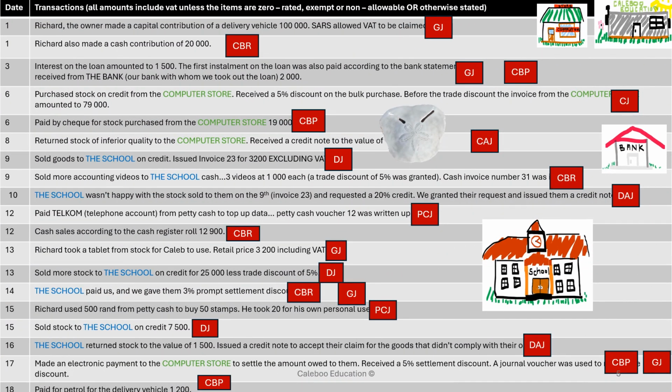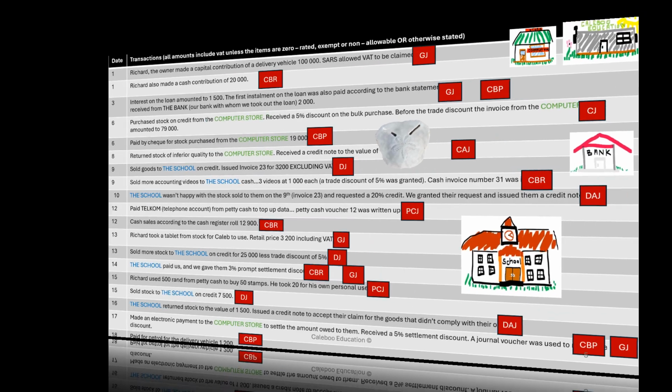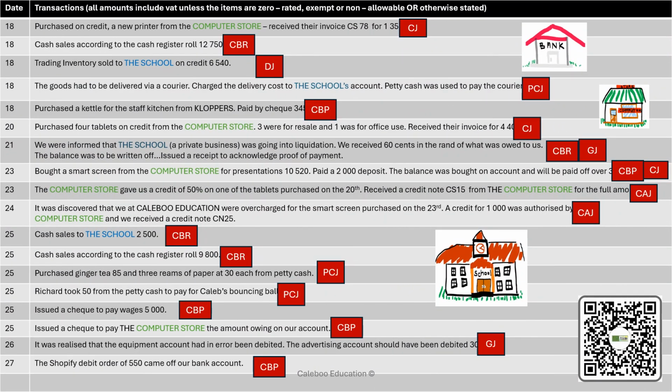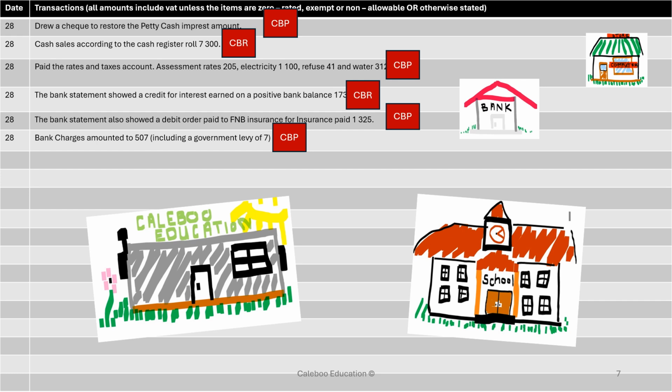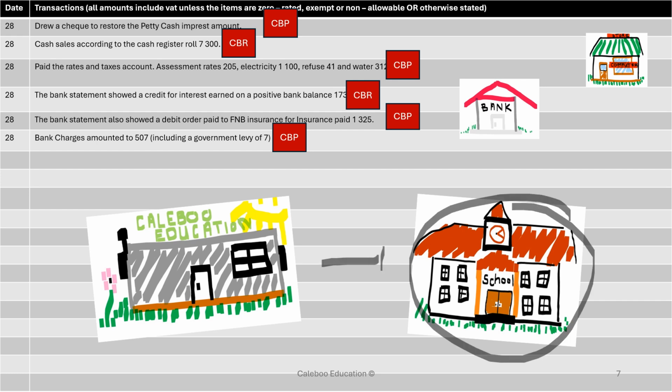These are the transactions we have been using with Caleboo Education for the month of February. Lots of transactions. And remember, we are basically looking at the relationship between Caleboo Education and the school.